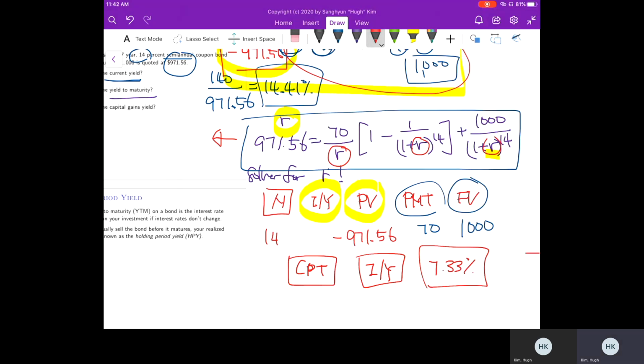Interest rates are quoted as APR, annual percentage rate, and yield to maturity is not an exception. So this is the interest rate per 6 months, and we have to annualize it. So yield to maturity is 14.66%, this times 2. Now this is an annual number.